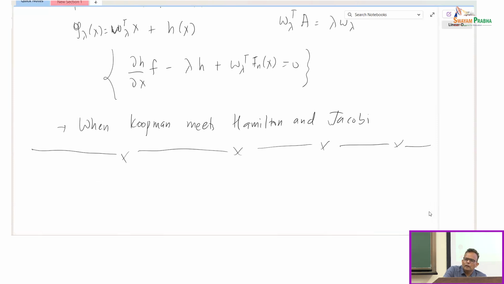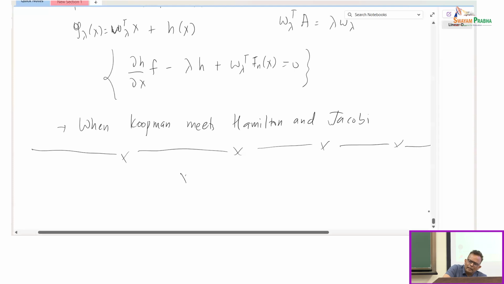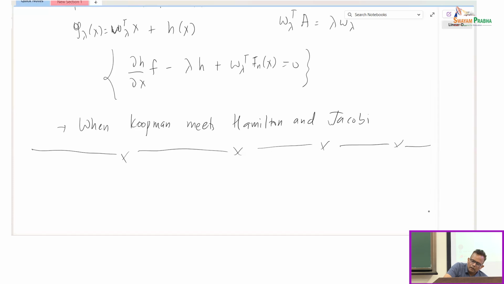Okay, so let's look at a very basic problem. Before actually even talking about control design, let me talk about the simple stabilization problem, or not even the stabilization problem, the stability problem. Okay, so let's say you have a discrete time system.